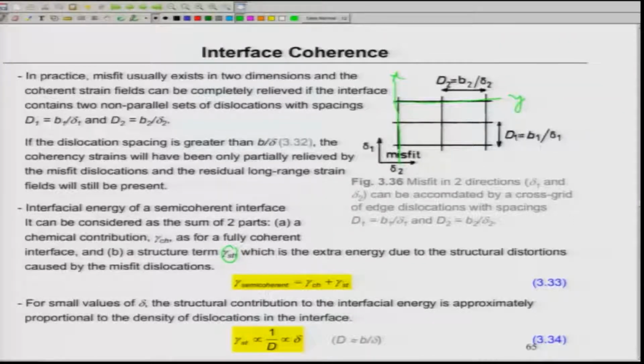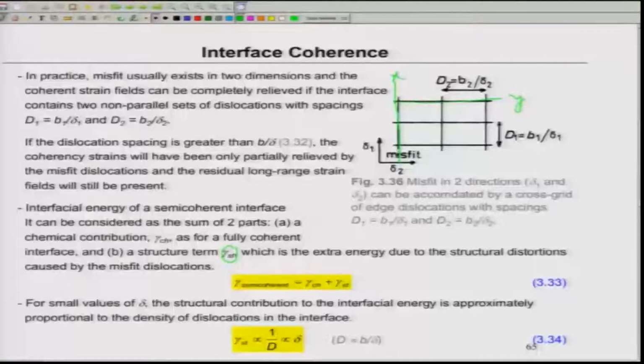Now, the chemical part is obviously because of the change of the bond type. AB bonds are the main bonds across the interface. But for the structural part, gamma st, for small values of delta, the misfit, the structural contribution to the interface energy is approximately proportional to the number of dislocations, or the density of dislocations. Obviously, the more dislocations, the more dislocation cores, and the more energy in the structural part. That is understandable.